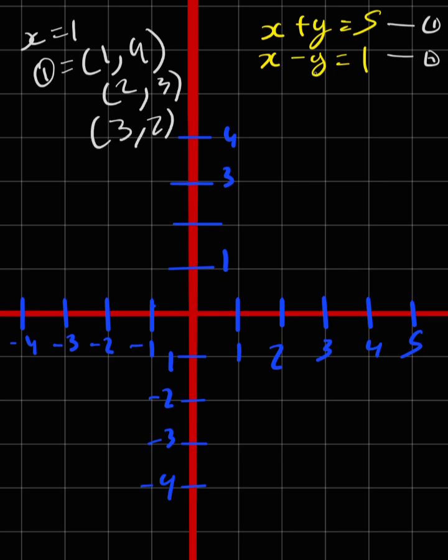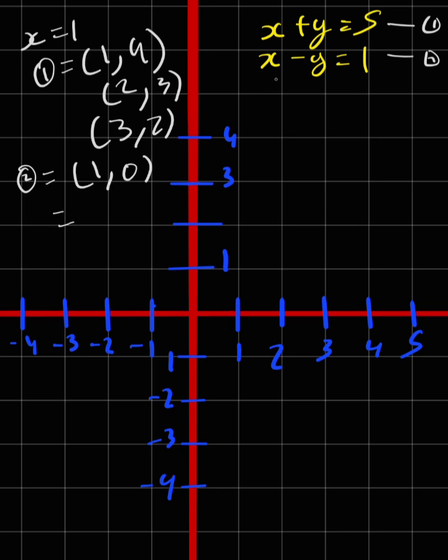Now we will do the same process for the second equation. For the second one, when x is 1, y is 0, so 1 comma 0.